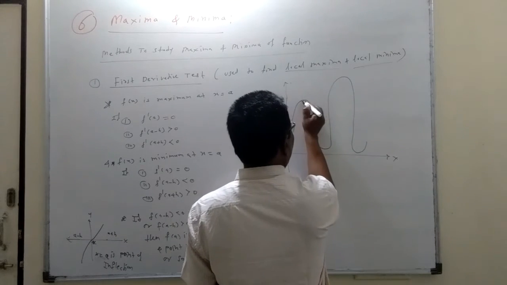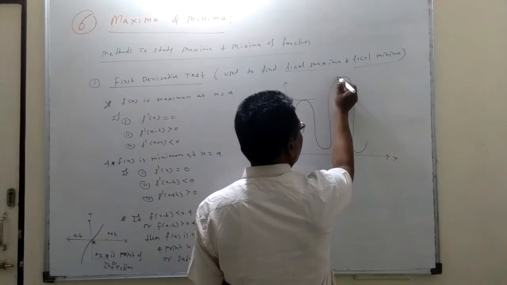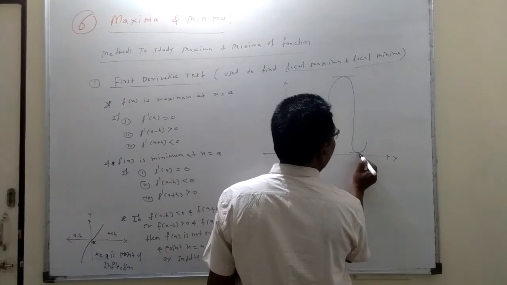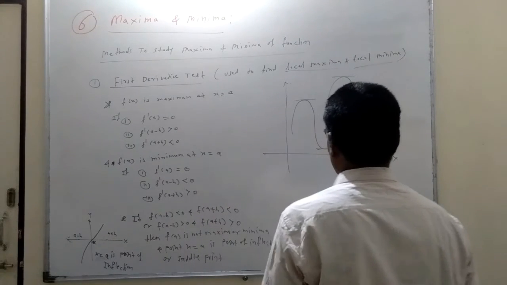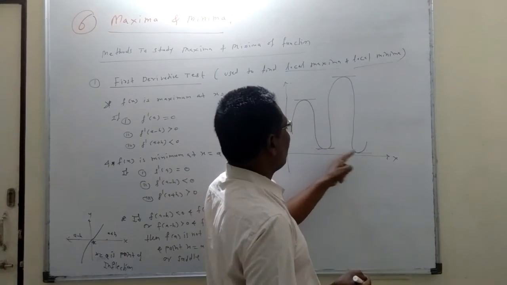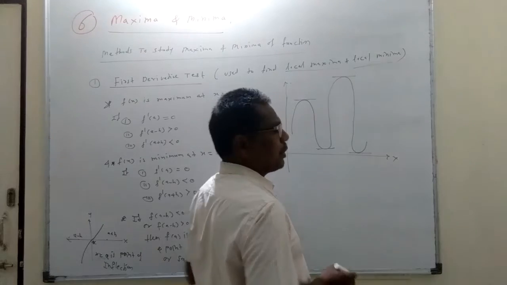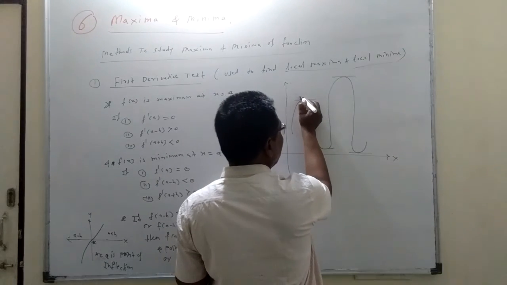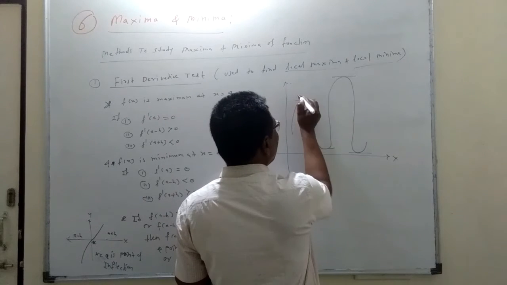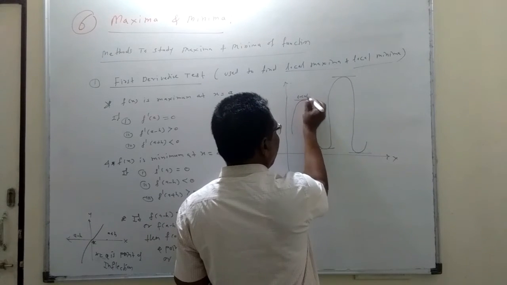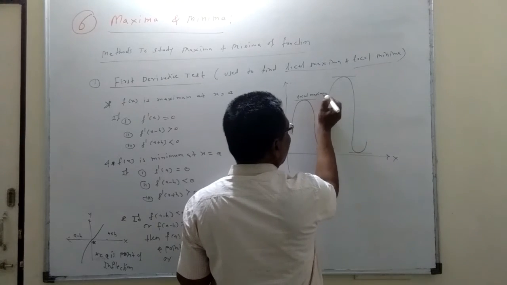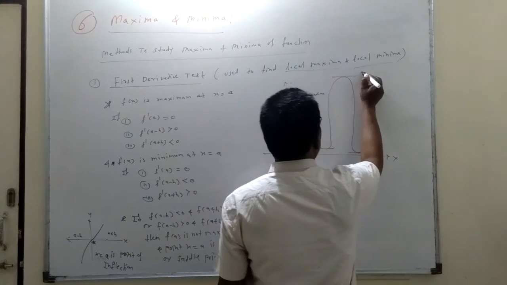If we draw the tangents at different points, we are getting tangents parallel to the x-axis. So here we get the maximum value, and here the minimum value. This value is not the maximum overall, but in the graph at that point it is maximum. So this is called local maximum. This is the actual maximum.